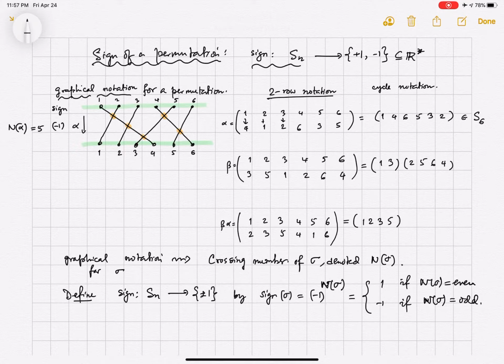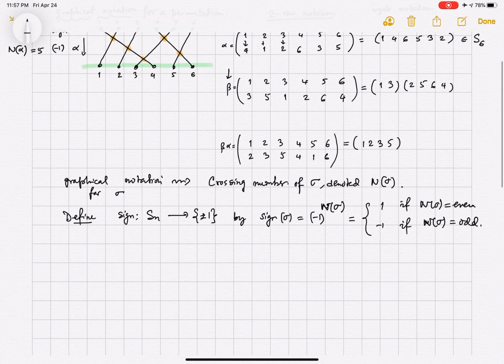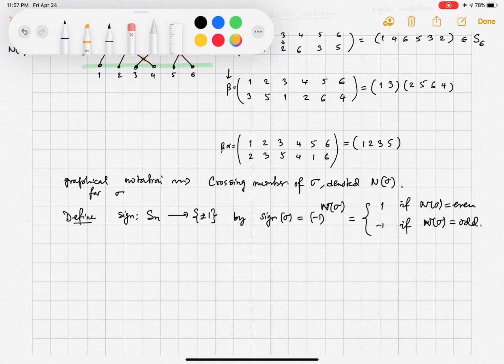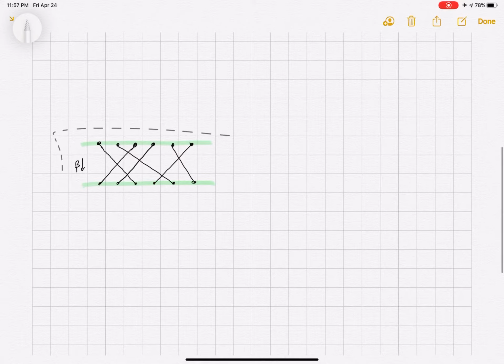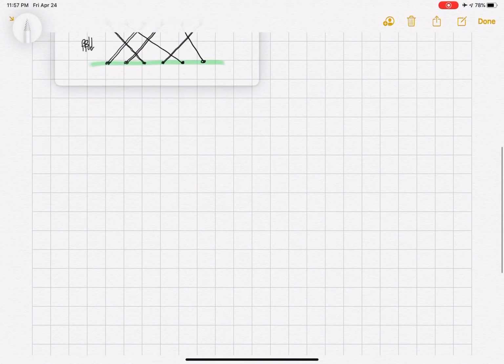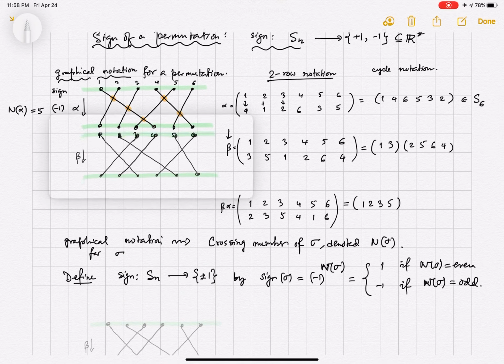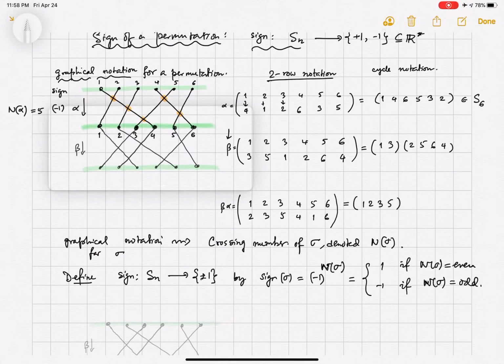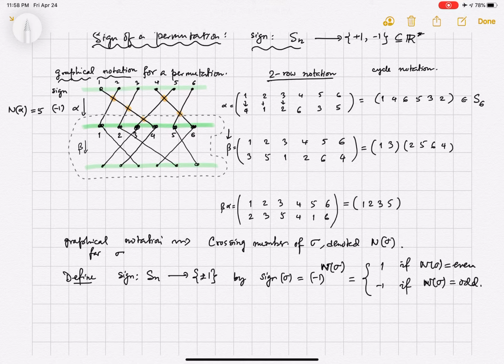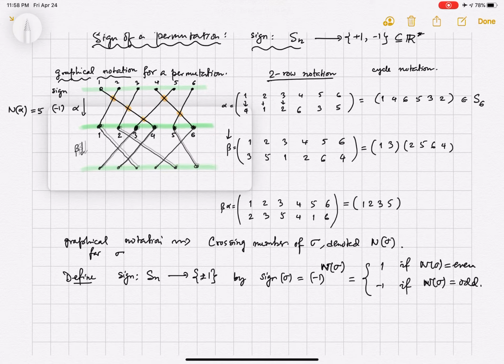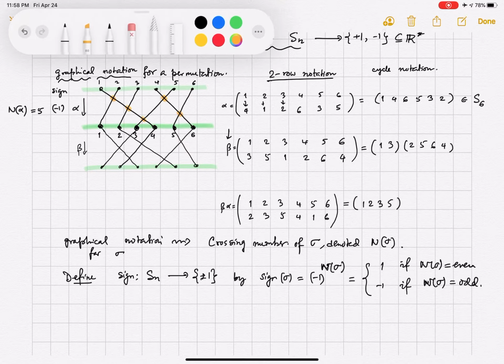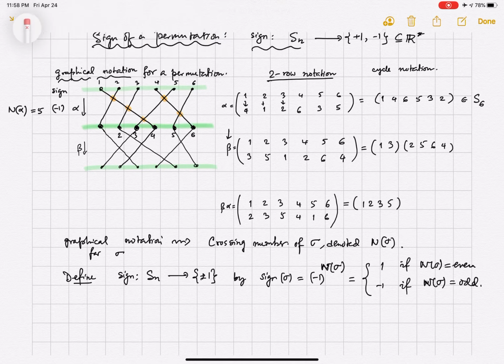I have another permutation here to play with called beta, and I drew the graph for that just to save a little time. Here it is. I'm going to take it and put it right next to the other one, and just clean up the picture a little bit.